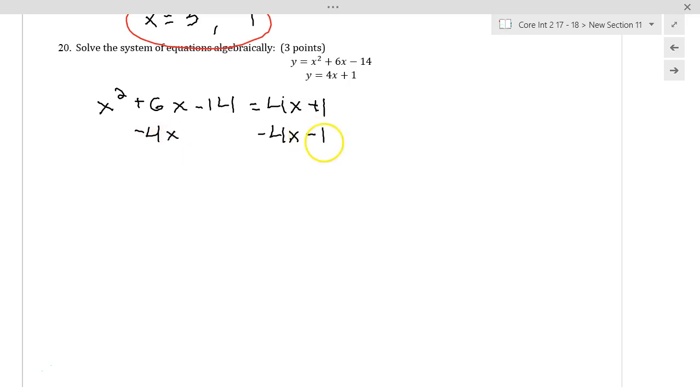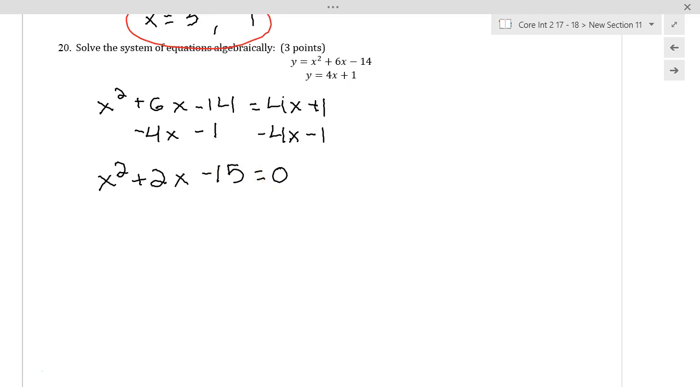And I'm going to subtract 1 from both sides, right? It's just going back to what we're doing in target C. I want to get it equal to 0 first. So x squared, 6x minus 4x is plus 2x. Negative 14 minus 1 is negative 15.